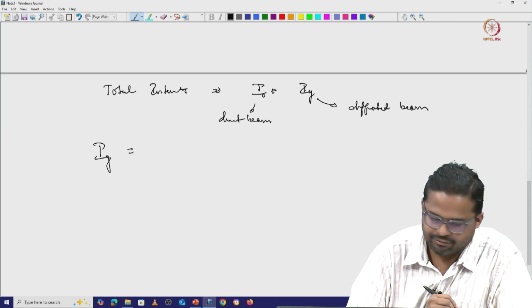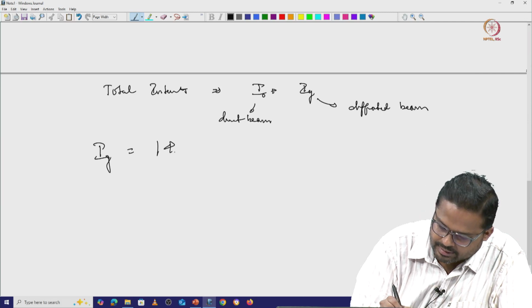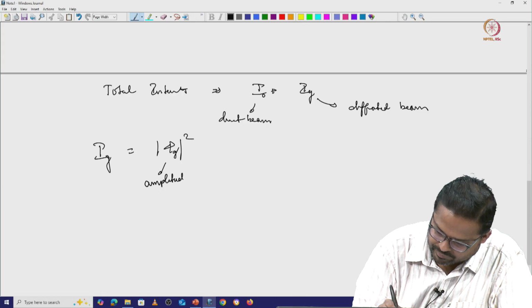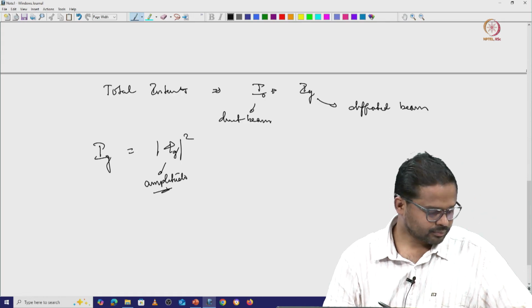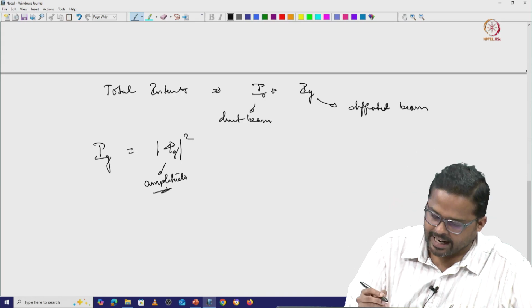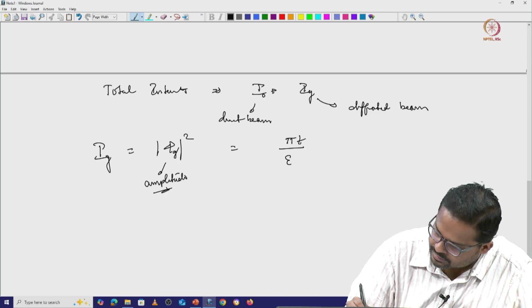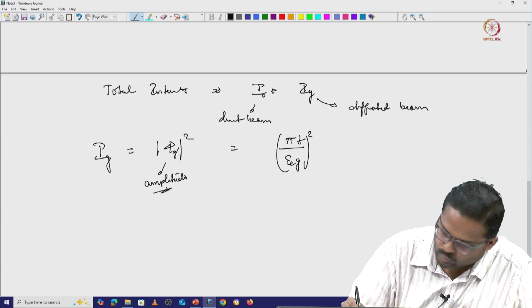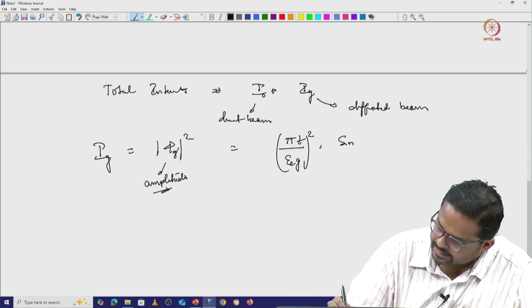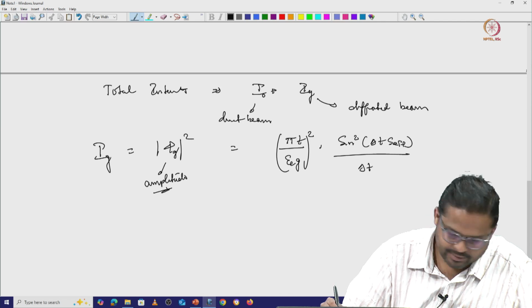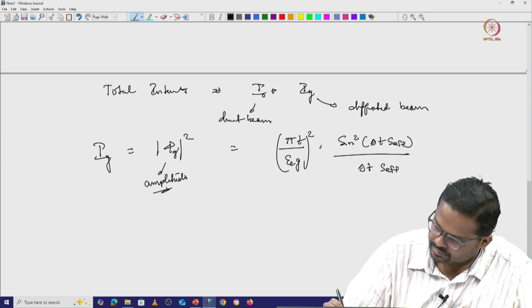So, first we will talk about the diffracted beam. The Ig can be proportional to the phi g, which is called amplitude. Okay. Amplitude, and it is given by (pi t / psi g) whole square dot sin square (pi t S effective) divided by (pi t S effective) whole square.